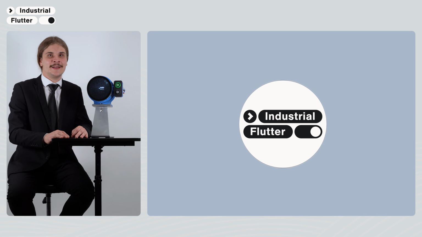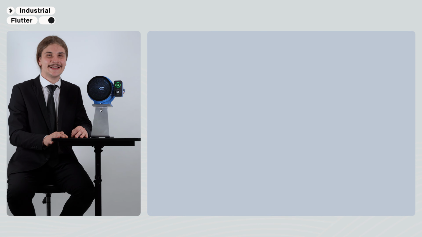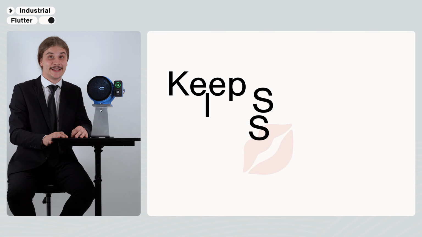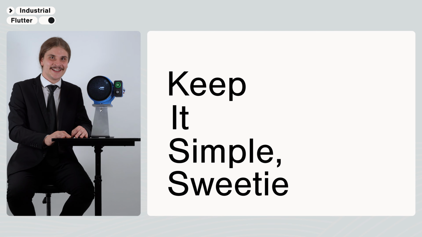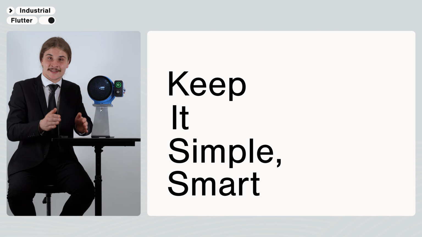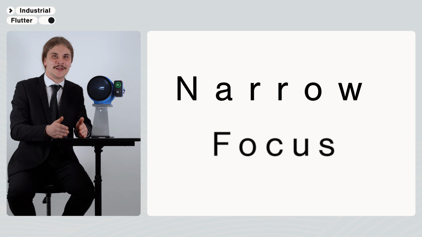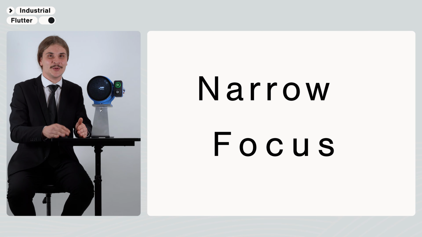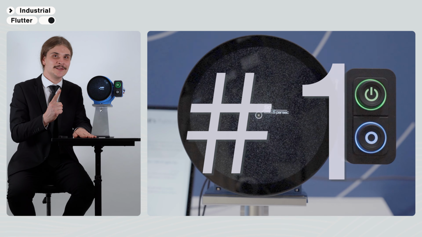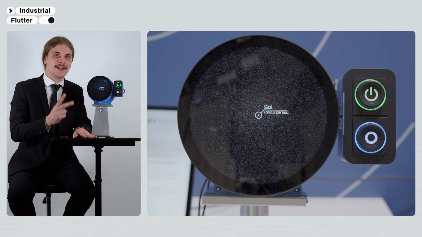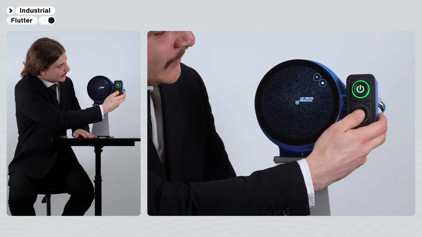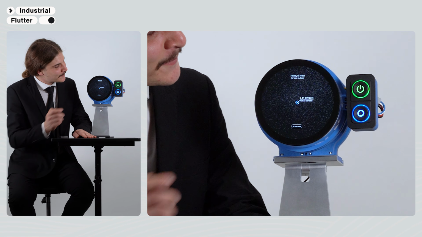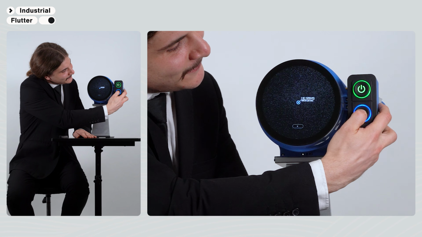The way we got there was by a principle called KISS, which stands for Keep It Stupid Simple. Fantastic principle. What we had to do in this case is narrow our focus to exactly what's important. In this case, it was number one, to show off what Flutter can do, and number two, to allow the user to jump between stars.